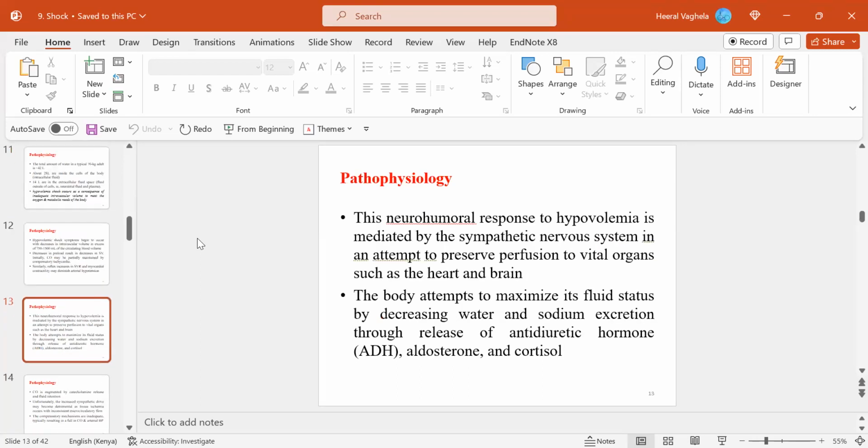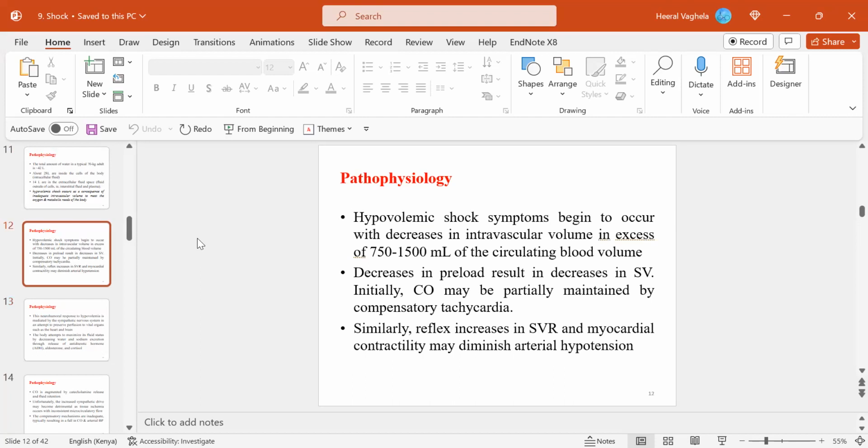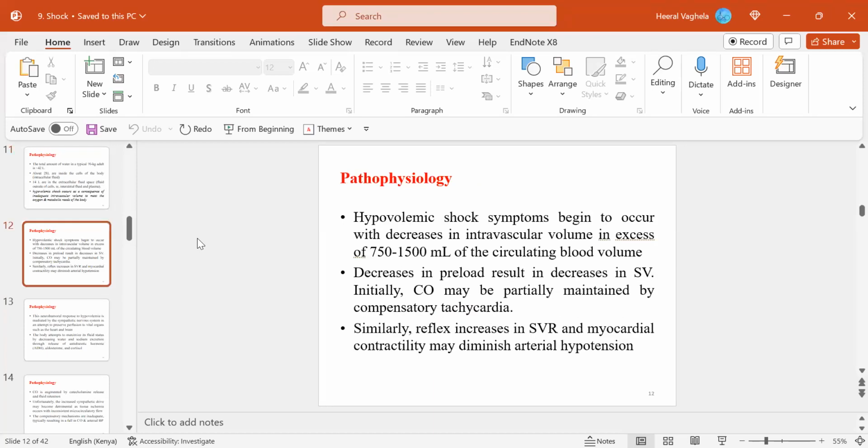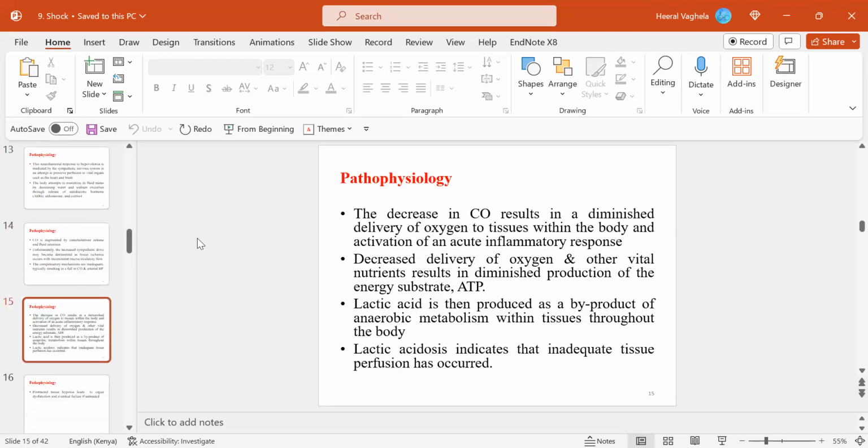For pathophysiology, it's just those main causes that cause either blood loss or fluid loss. So like I said, there's decreased oxygen and nutrient delivery to those organs.